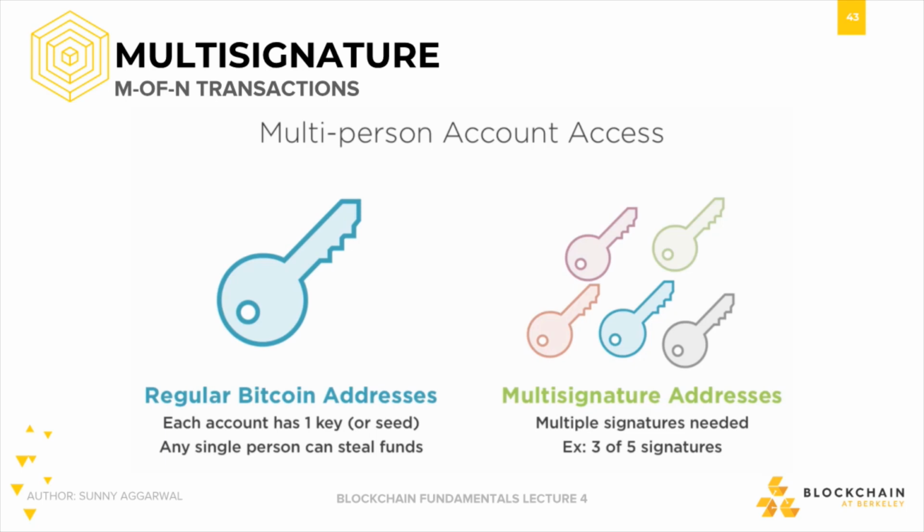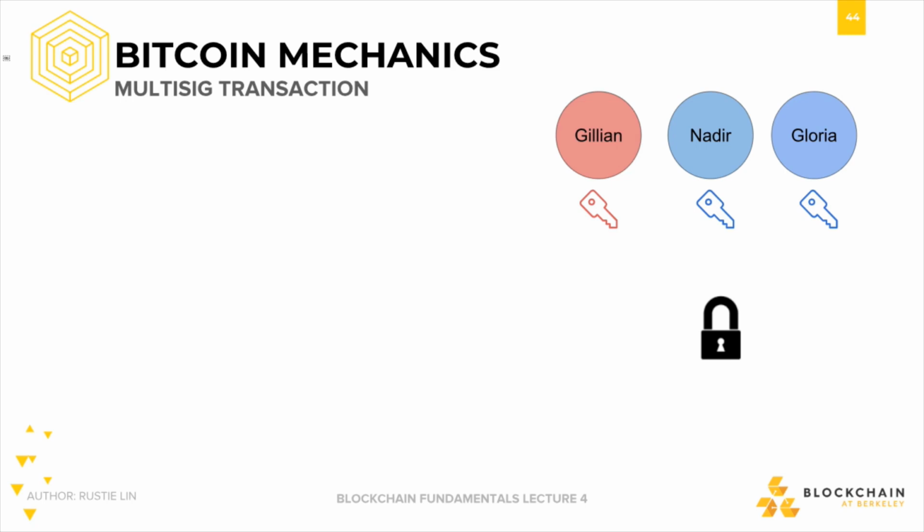So I'll talk about that really quick. Let's say Jillian, Nadir, and Gloria are trying to send a transaction to me. In this scheme, let's say you need 2 of 3 people to authenticate a transaction. So if any one of these members in the party wants to run off with their key and try to spend all their Bitcoin, they can't, because they have 1 of the 3 keys.